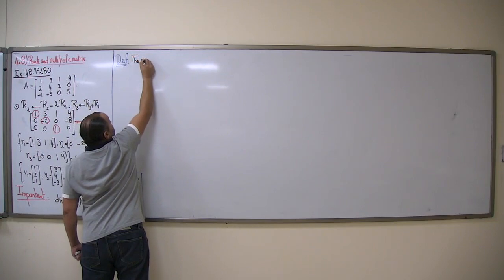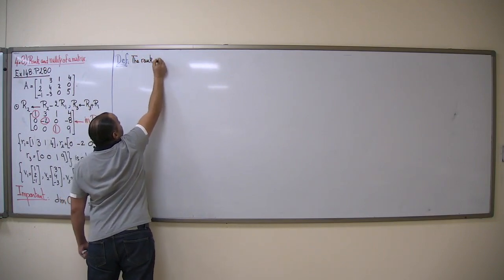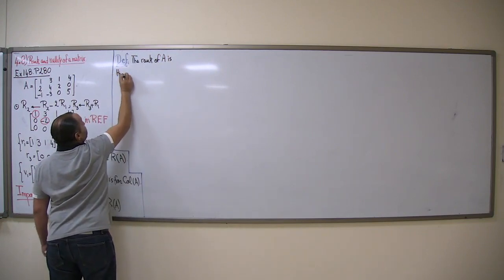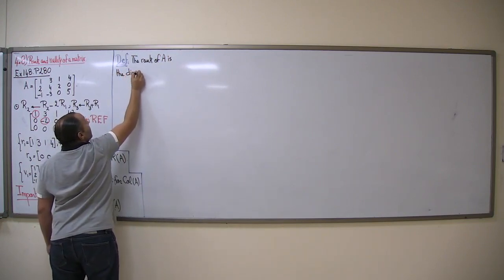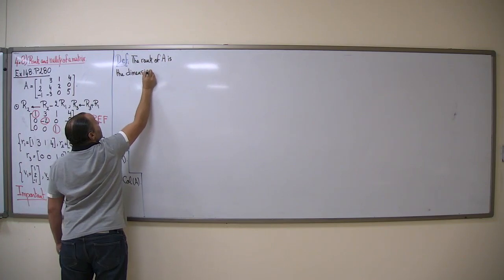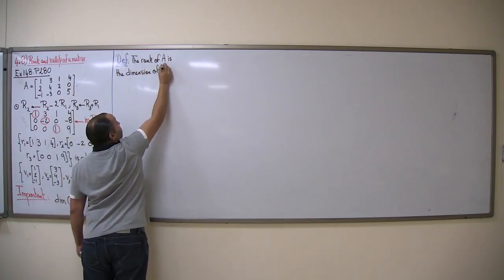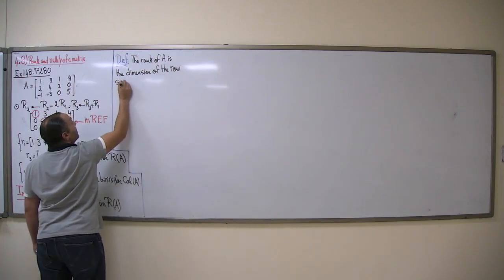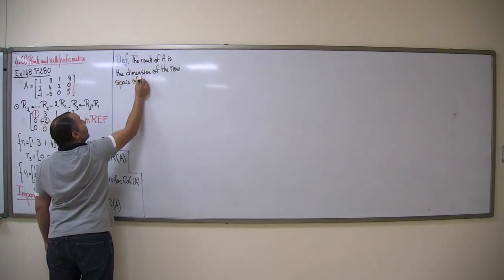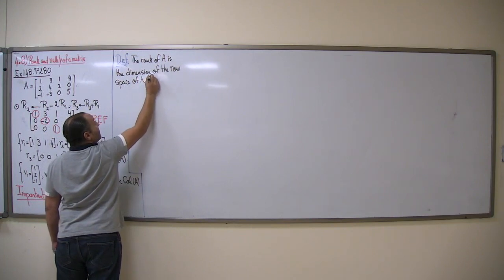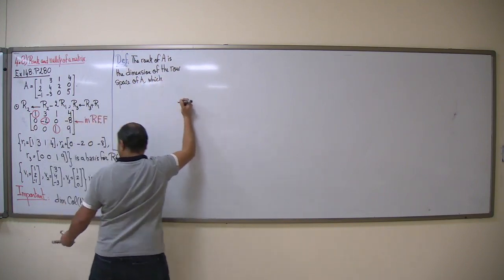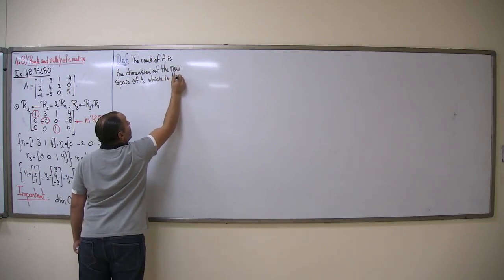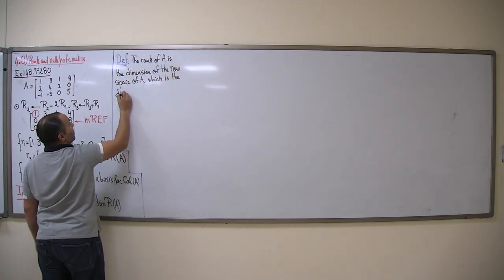The rank of A is the dimension of the row space of A, which is, by the previous observation I wrote here, the dimension of the column space of A.